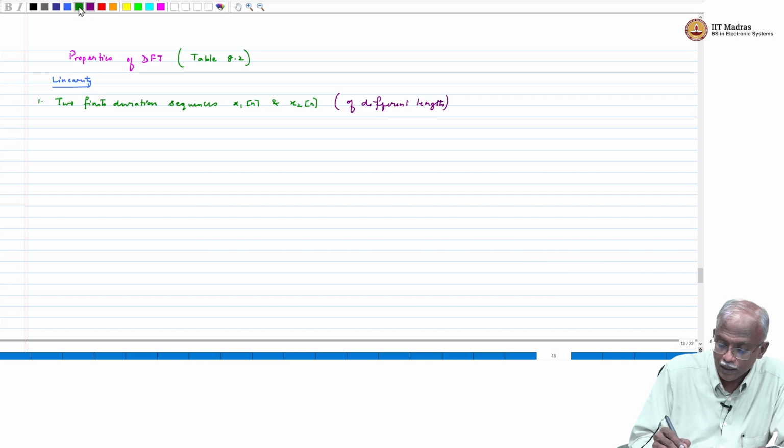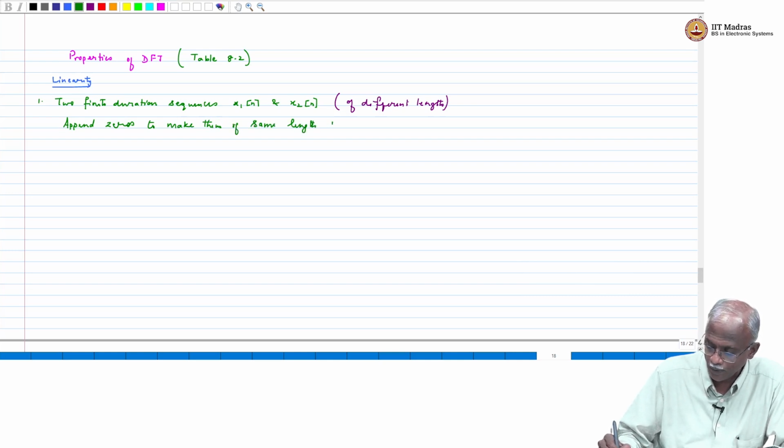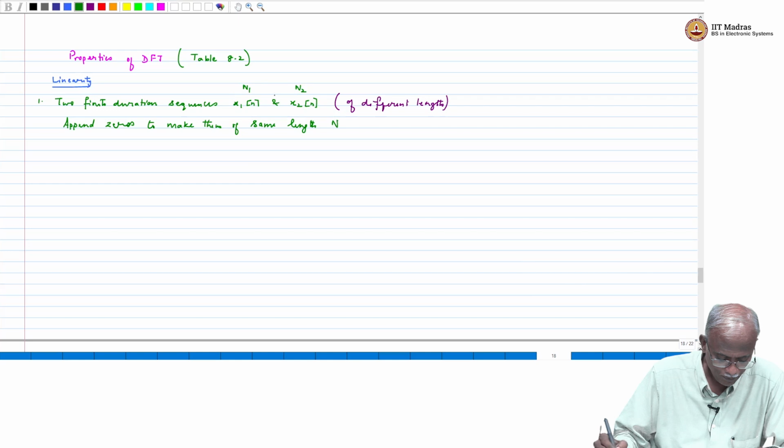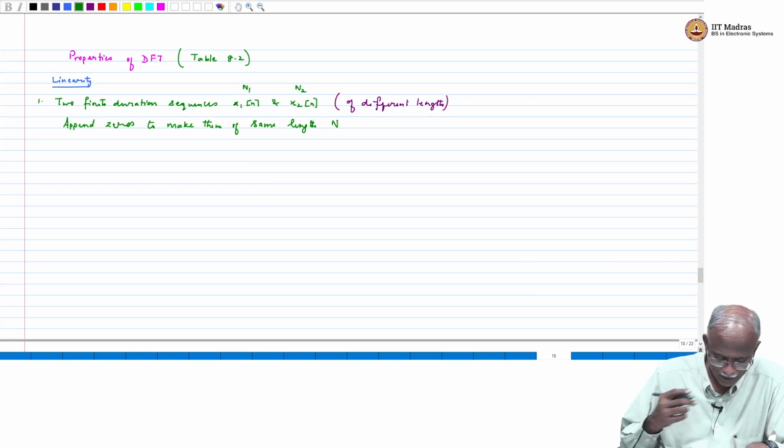Append zeros to make them of the same length. Let that length be equal to N. Originally they may have had lengths N1 and N2, but we want to add zeros so that they have the same length.